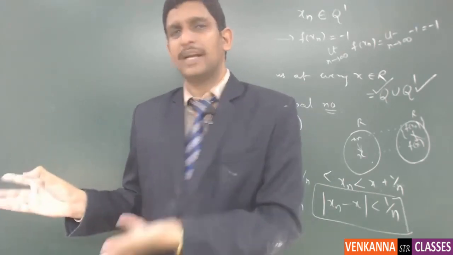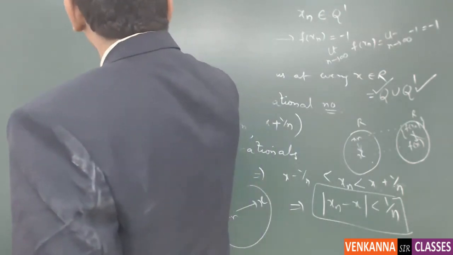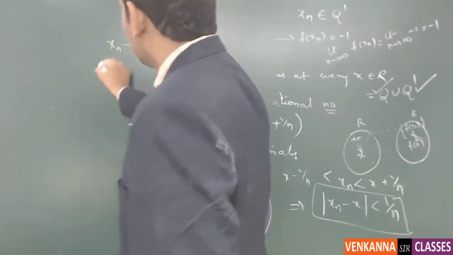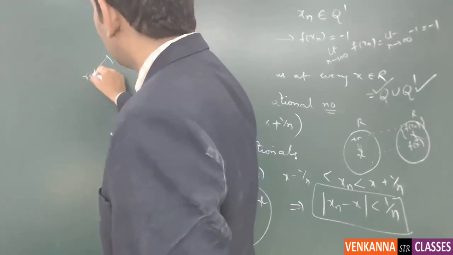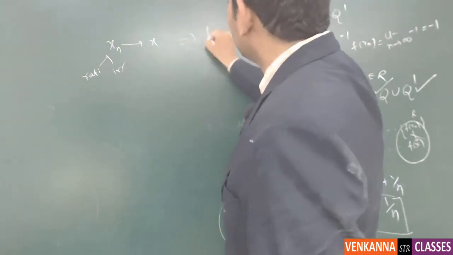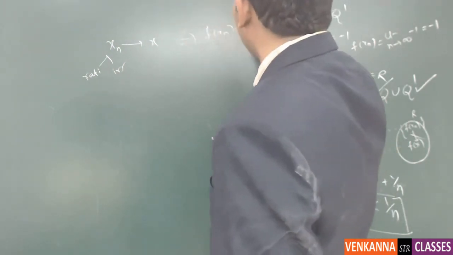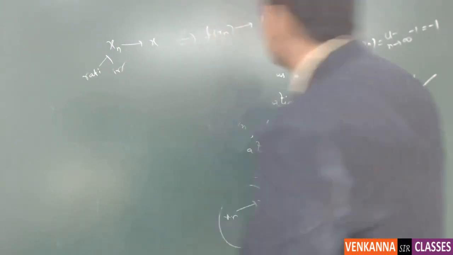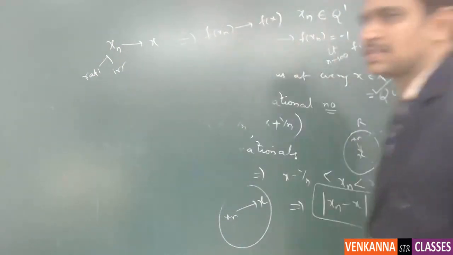Both satisfy the same criteria. So xn converges to x. xn may be rational or irrational. Whatever you consider, f of xn is converging to f of x. If you have proved that, it is continuous, that's all.